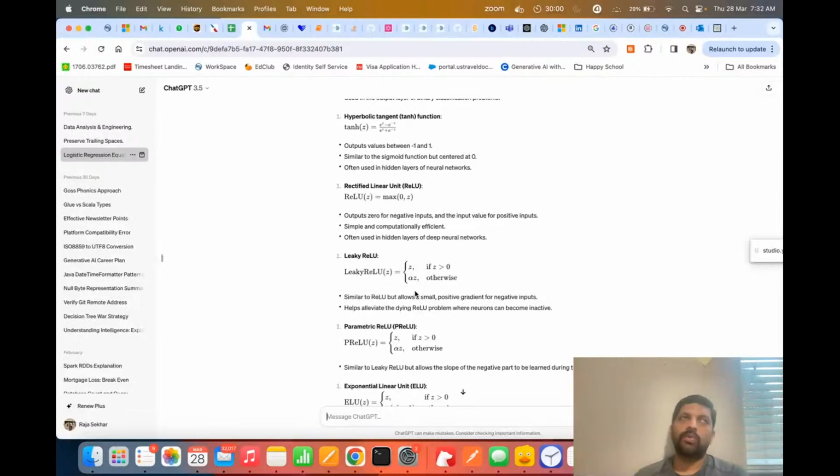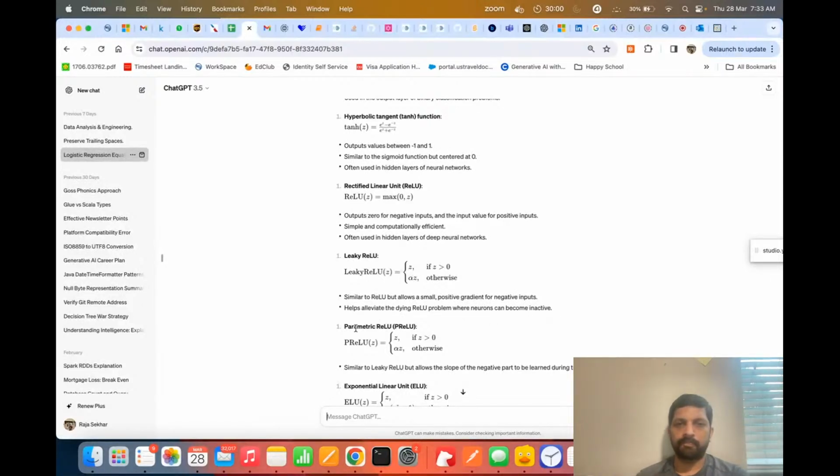For z less than 0, instead of making it completely 0, we will multiply it with alpha, which helps make the value a little more than 0. So similar to ReLU, but allows a small positive gradient for negative inputs, helps alleviate the dying ReLU problem where neurons can become inactive.